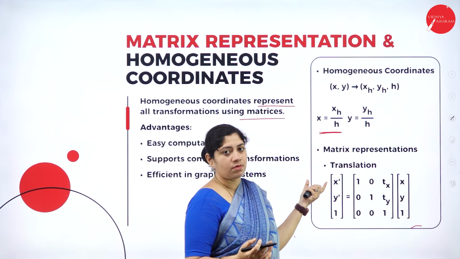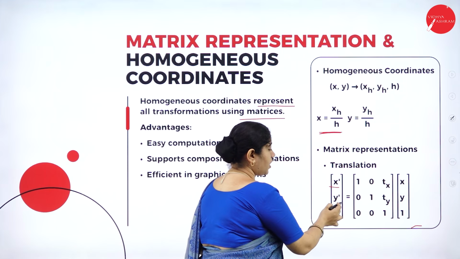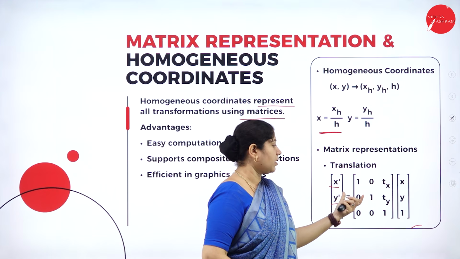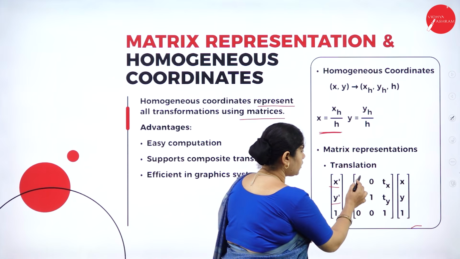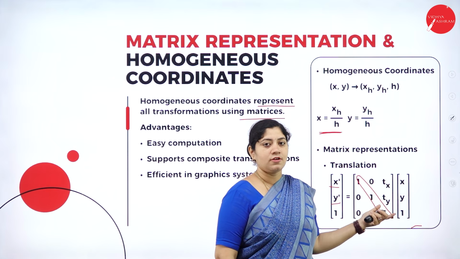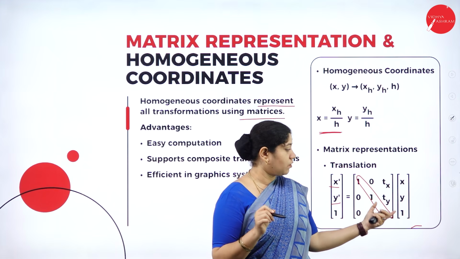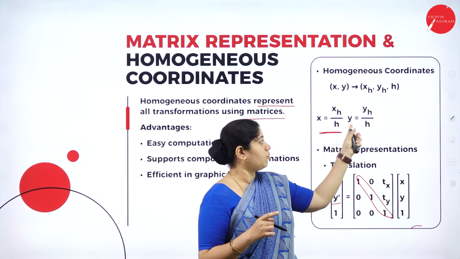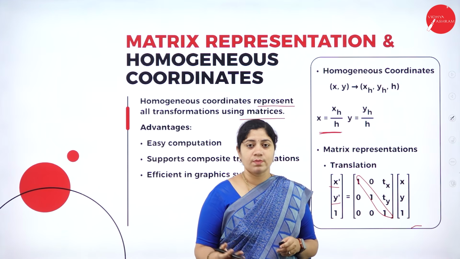Next, the matrix representation with respect to translation. See that x' y' will be our initial matrix, and with that we add a 1 in order to make it a 3 cross 3 matrix. The principal diagonal elements are all considered as 1, and the rest, tx and ty, that is translation with respect to x and translation with respect to y, are considered, and it is multiplied with x, y and 1. So this is the matrix representation.